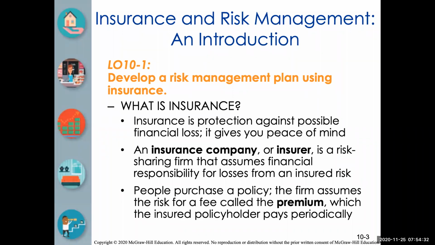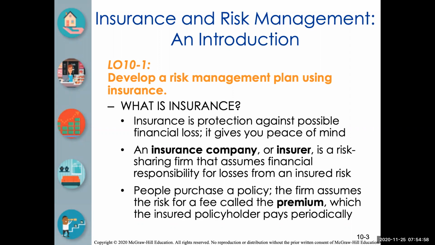They are what we call risk sharers. They assume the financial responsibility for losses associated with the risk that is being insured. So the insurance company is the entity that is assuming the risk.